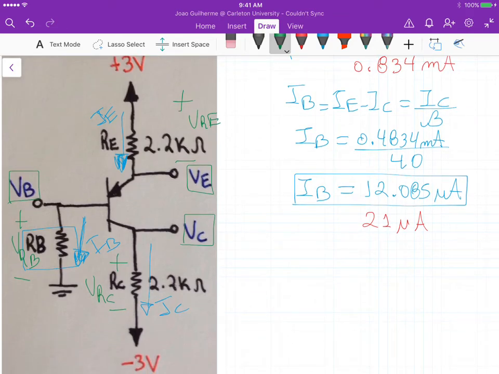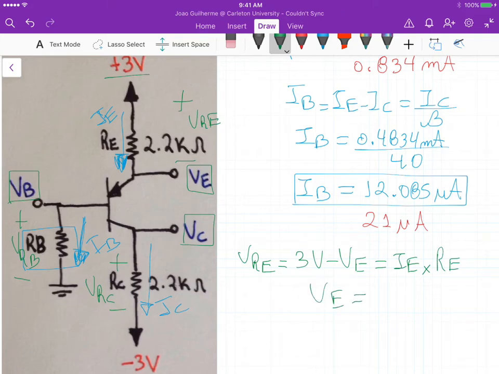For VE, VRE is equal to those 3 volts that we have up here, minus VE, equals IE that multiplies RE. This gives us a VE that's equal to, let me see here, 1.9085 volts.